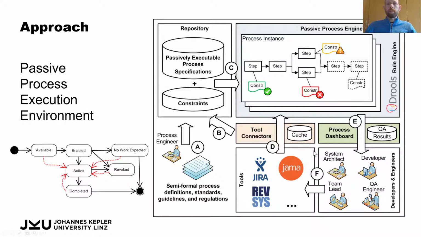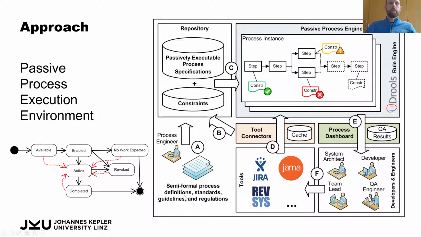Our approach to this problem is the passive process execution environment, which observes developers in their natural environment of their tools such as Jira or Jama, and we observe changes in these tools to check which process has been progressing, having constraints as first-class citizens, and therefore being able to detect where there are deviations and where work has stopped prematurely.